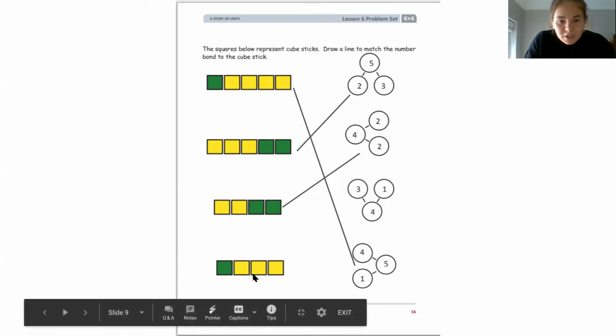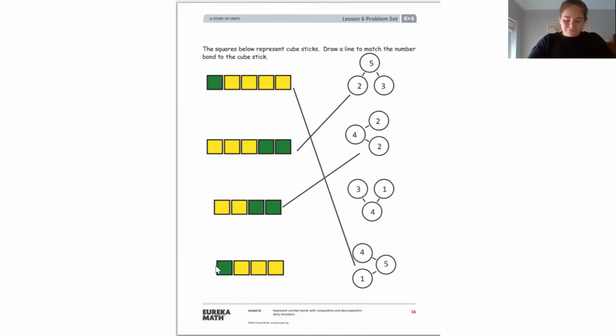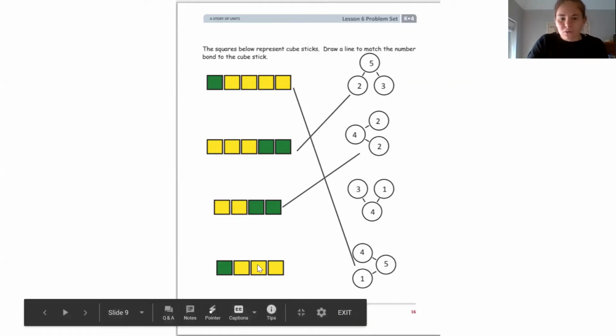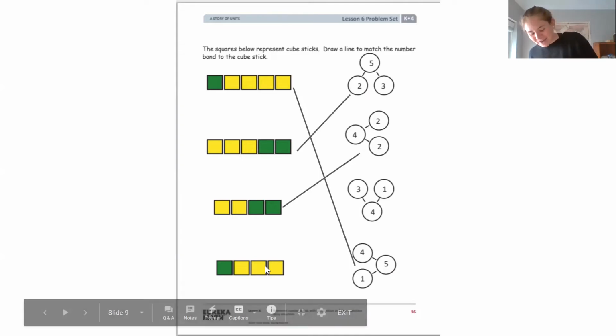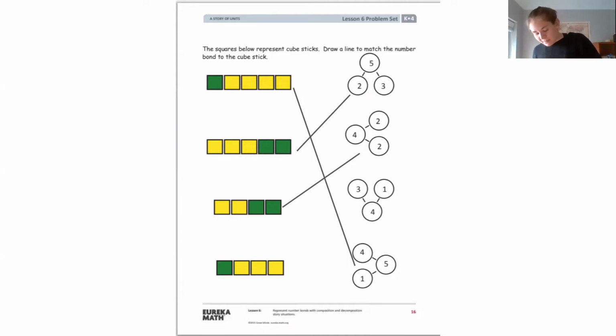Last one, ready? We're going to look at one part, which is our green. How many green cubes? Shout it out. 1. And how many yellow cubes? 3. Nice job. So I'm going to put those in my circles that tell about my parts. 1 and 3.